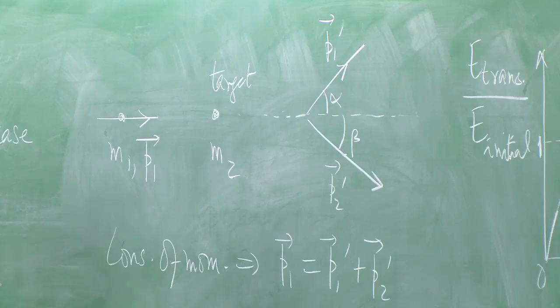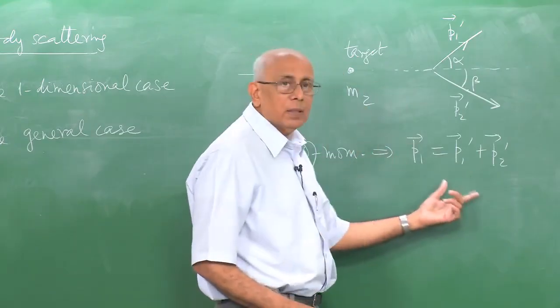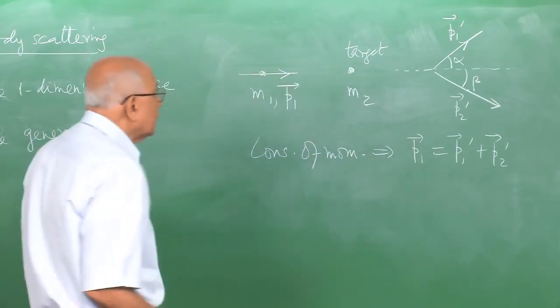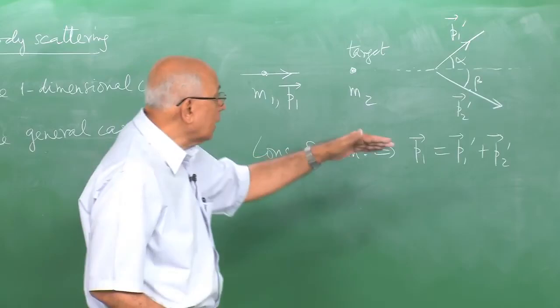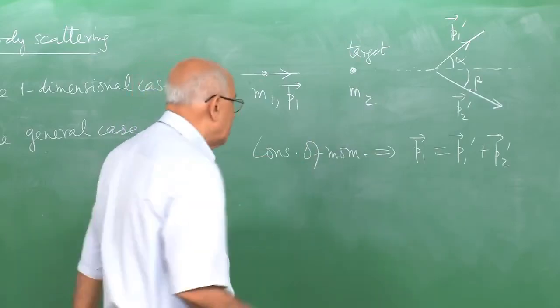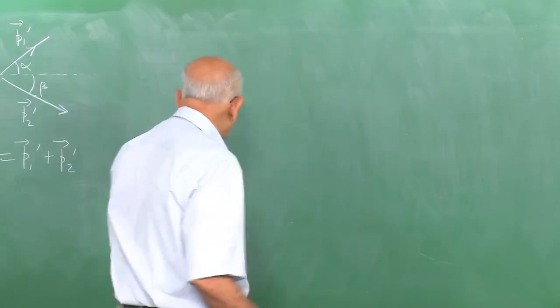P1 is P1 prime plus P2 prime, and we have now got to impose this conservation of momentum in terms of components along the initial direction and perpendicular to it, and we also have the conservation of energy. So let's write these equations down and see where it gets us and what the unknowns are.